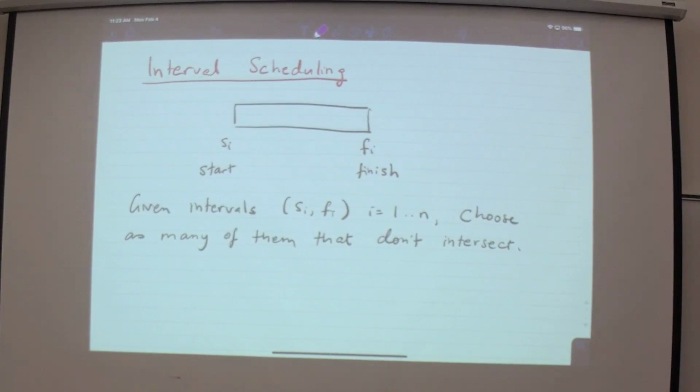and the goal is to pick as many intervals as possible. So maximize the set of intervals you pick, so that no two intersect. You can think of it as saying you want to attend a whole bunch of classes on a day, but you can't be in two places at one time. Or you can imagine that you have some kind of shared resource.